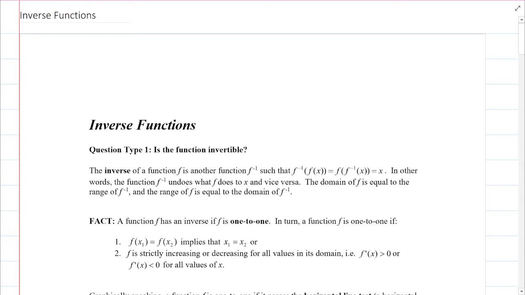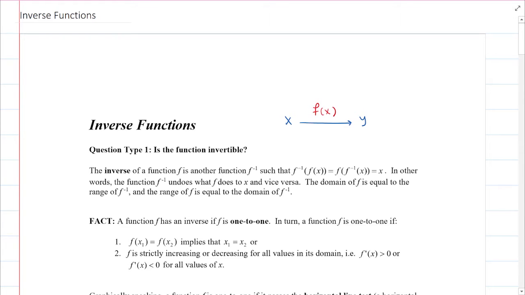So the inverse of a function is another function such that f inverse of f of x and f of f inverse of x is equal to x. So think about a function that takes you from x to f of x, or takes you from x to y. So this is what f of x does.